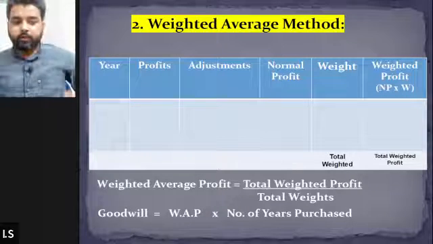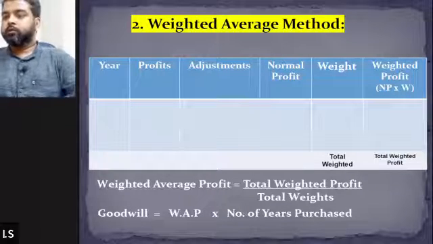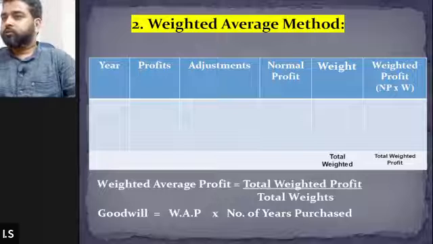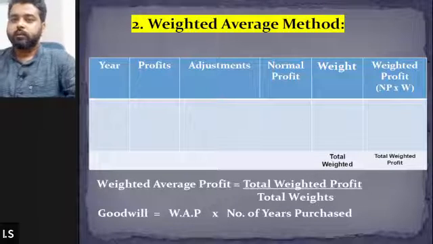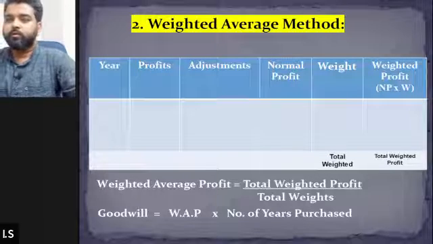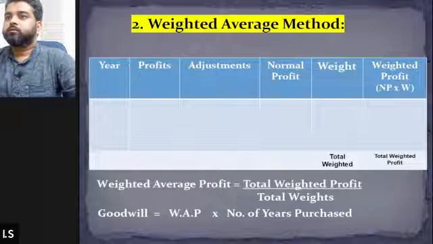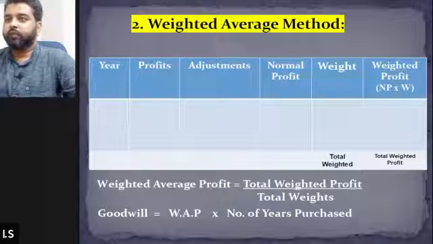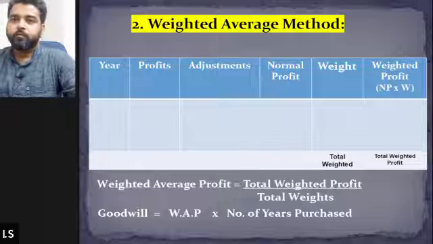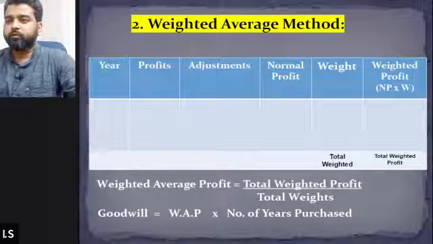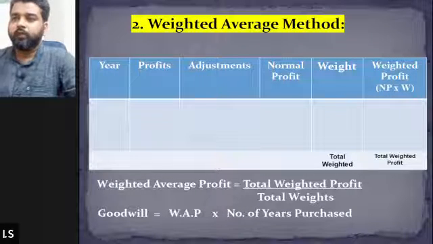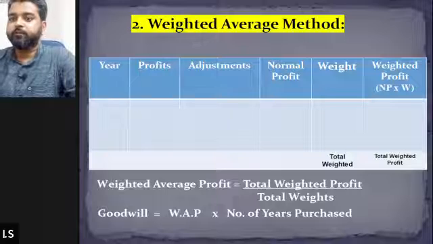All right, Sania and Aman. In the last session, we started a new concept, which was the valuation of goodwill. While discussing it, we covered the average profit method, and then we also talked about the valuation of goodwill by the weighted average method.